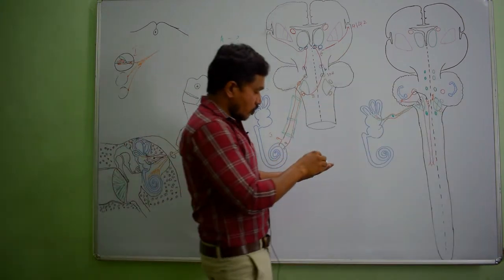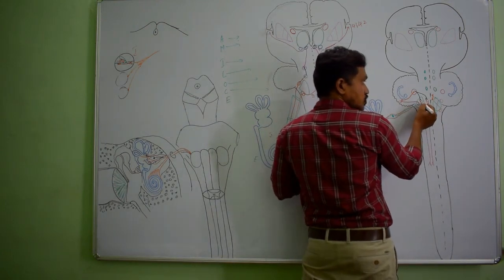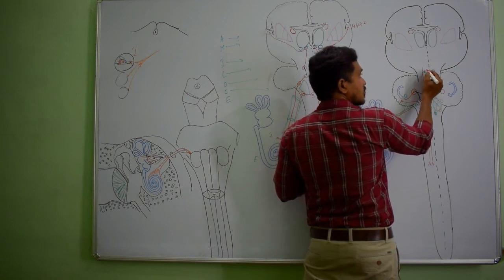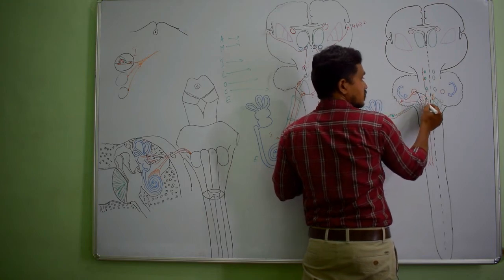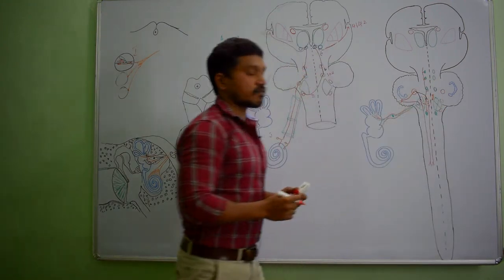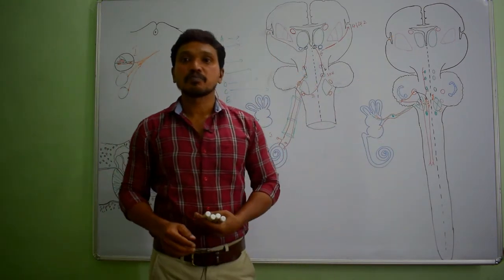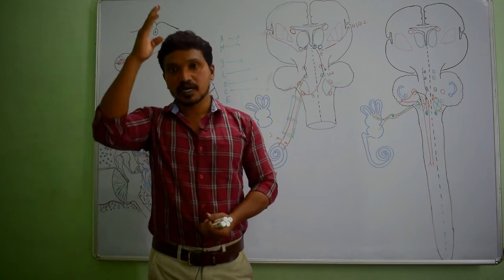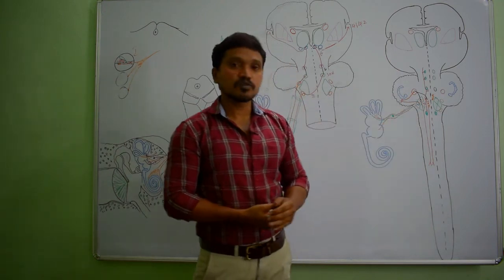There is one tract, or one pathway, connected with the vestibular nucleus, and it is connecting to almost all cranial nerves, especially the 3rd, 4th, 6th, and also the 11th cranial nerve nucleus, right? So this bundle we call the medial longitudinal bundle. This medial longitudinal bundle is connected with the cranial nerve nuclei. This tract is connected with the vestibular nucleus.